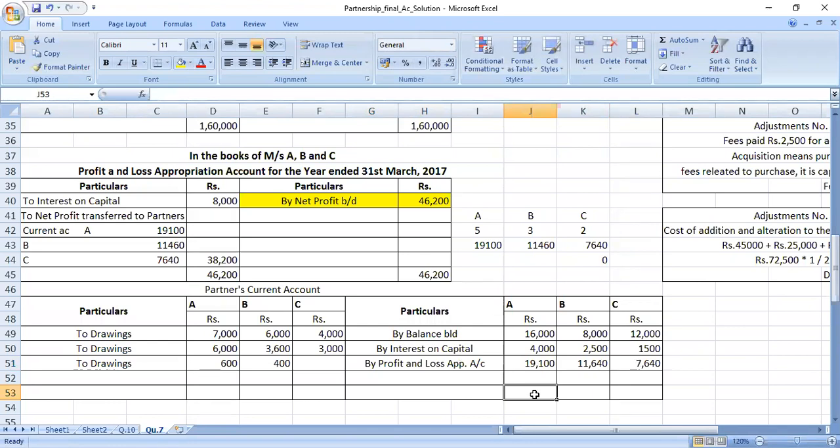After recording this, we have to close the partners' current account.